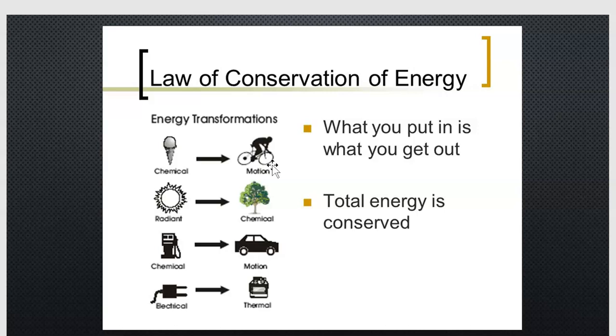The amount of energy we're putting in is the amount we are then able to put out. If we look at this picture of the sun, that's radiant energy, and a tree or a plant could take that in, photosynthesize it, and it becomes chemical energy stored in the reserves of that plant to be used as it needs to grow and develop.